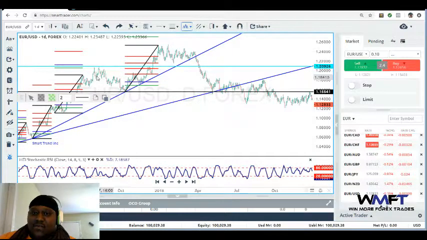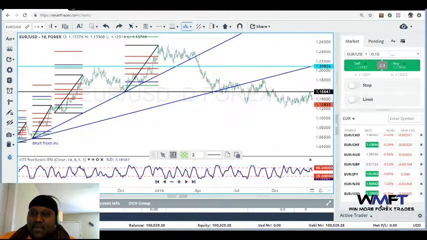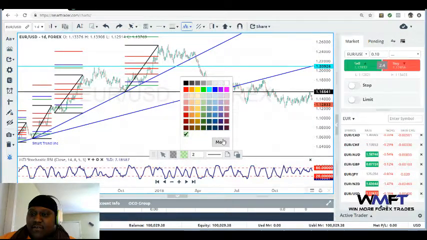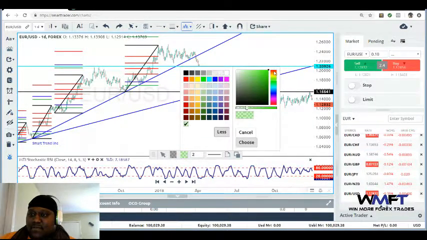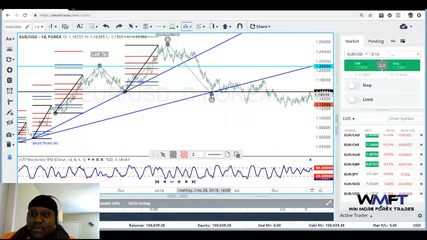So we can draw up our king's crown. Let's get this out of the way, and this is a bear crown, so we're going to make it red. So you've got the left tip, and you've got the center tip, and this is the highest point so far.